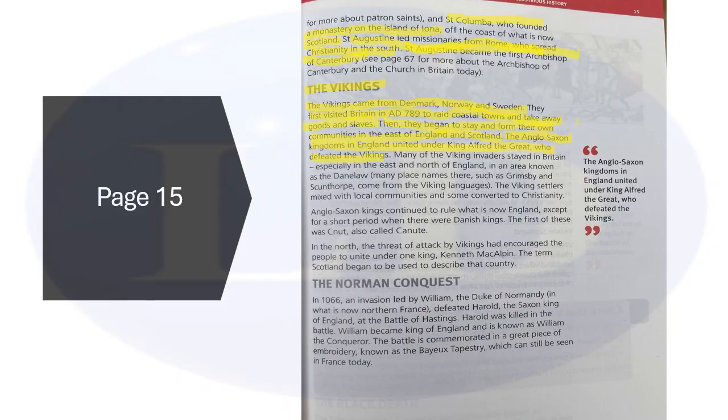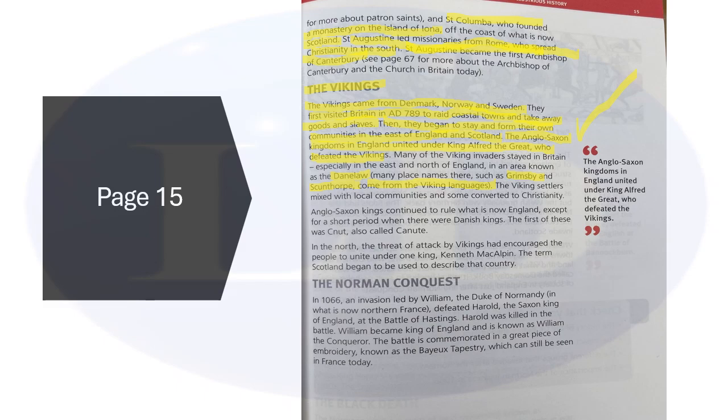This is extremely important information. So the Anglo-Saxon question is, the Anglo-Saxon kingdoms united under who? Under which king? So the answer is King Alfred the Great. And did they defeat Vikings or no? Yes, they defeated them. Many of the Viking invaders stayed in Britain, especially in the east of Northern England, in areas known as Danelaw, and Grimsby and Scunthorpe come from the Viking languages.